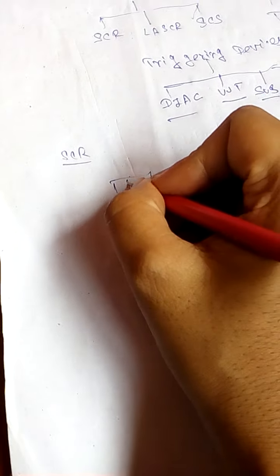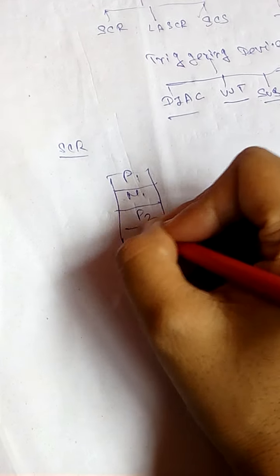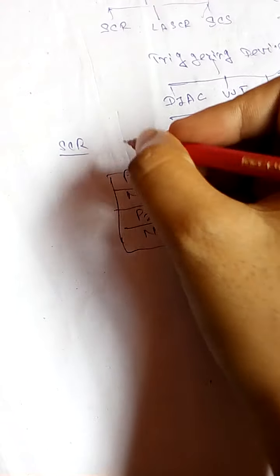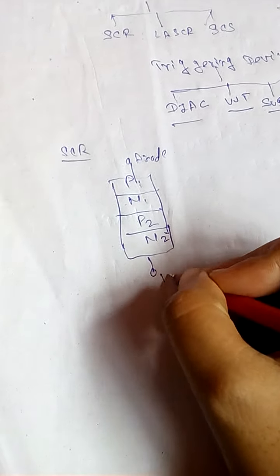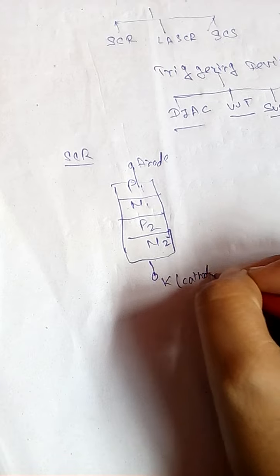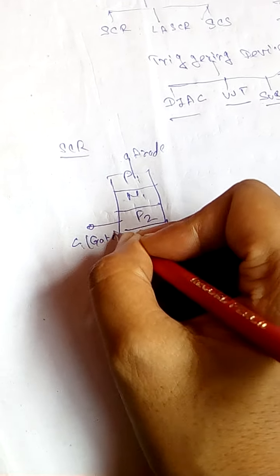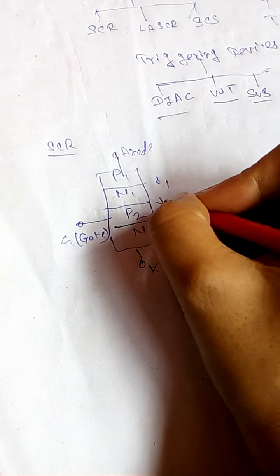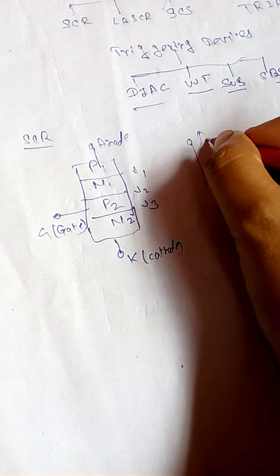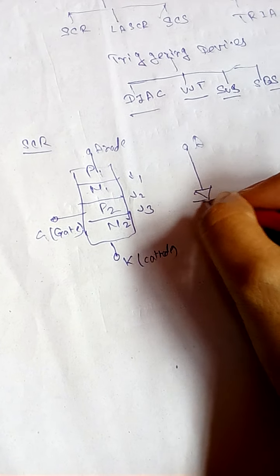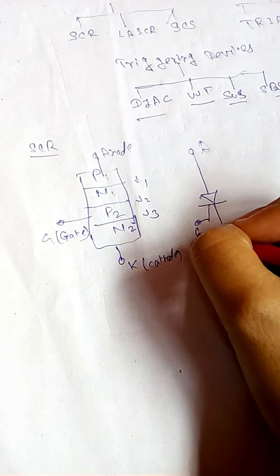If we see the construction of SCR, it is a PNPN device. First there is P1, N1, P2 and N2. The upper terminal is the anode, the lower one is K for cathode, and the P2 terminal is the gate, G for gate, and the junctions are J1, J2, J3. Symbolically, there is an anode and a cathode like a diode, but the difference is there is a gate terminal.